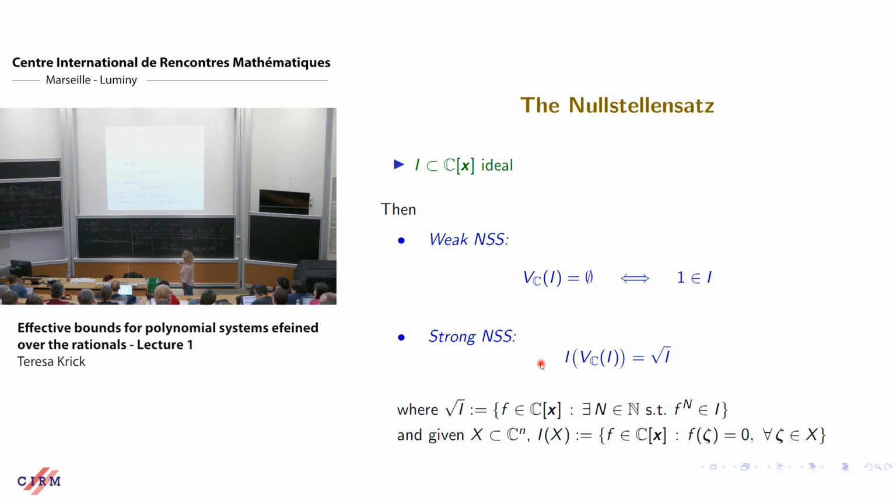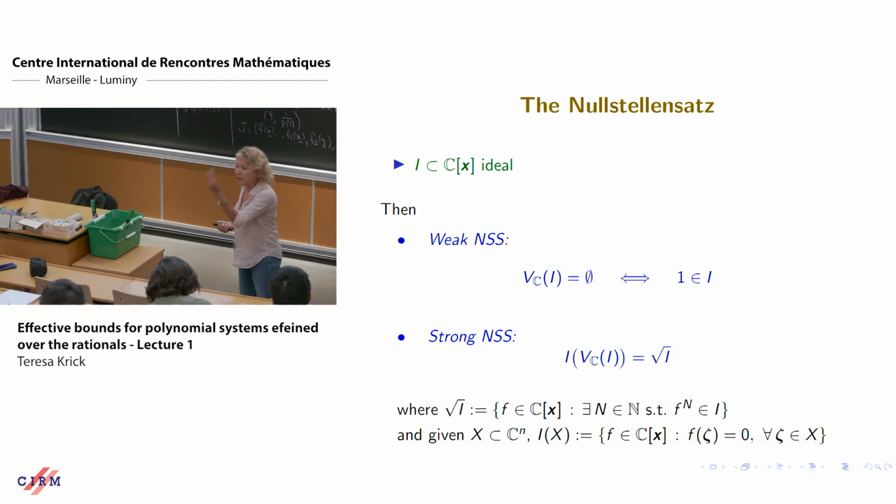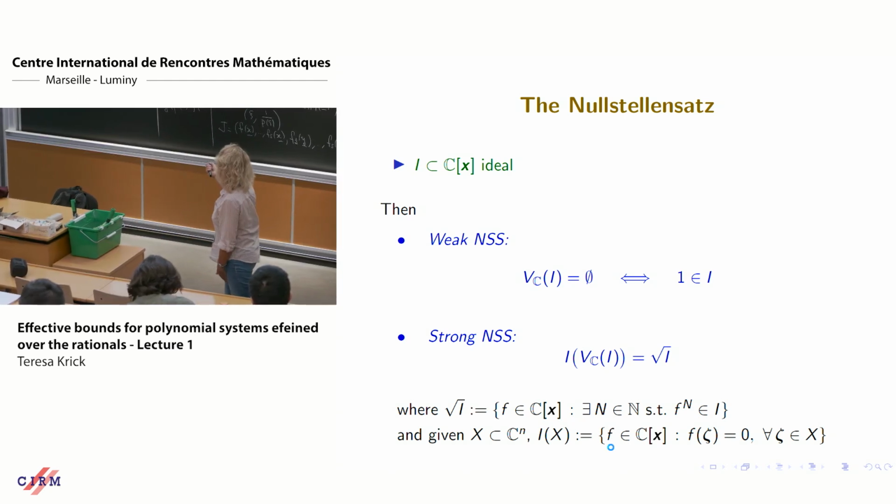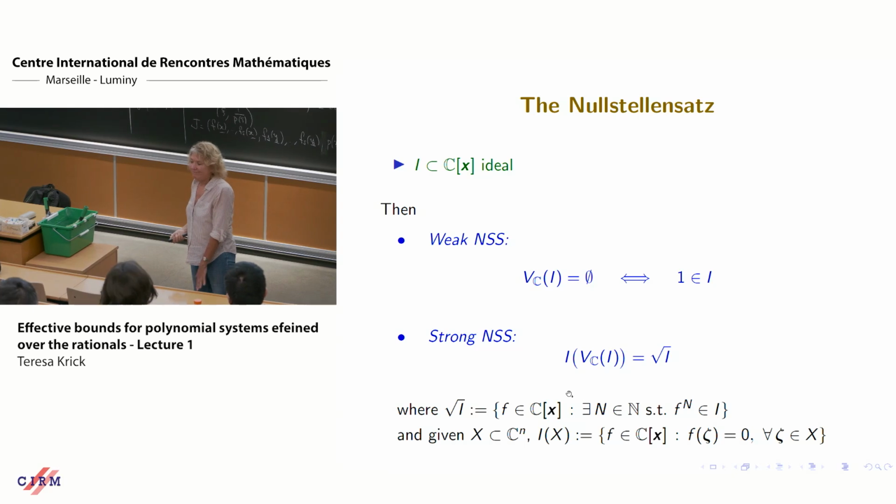This I is not the ideal; it's the set of all polynomials that vanish on a set. It's usual to say I of X. I should have put J, sorry for that. So this statement, as it is, is an existential statement.